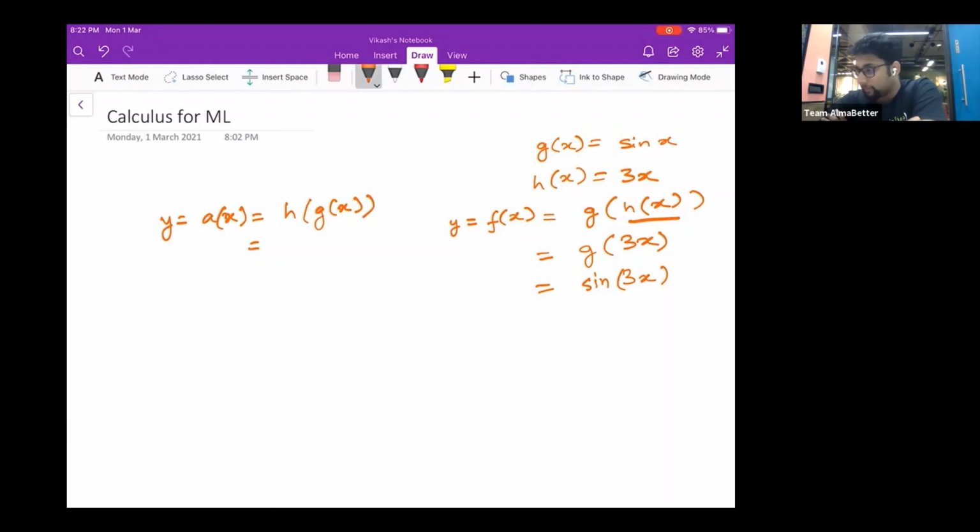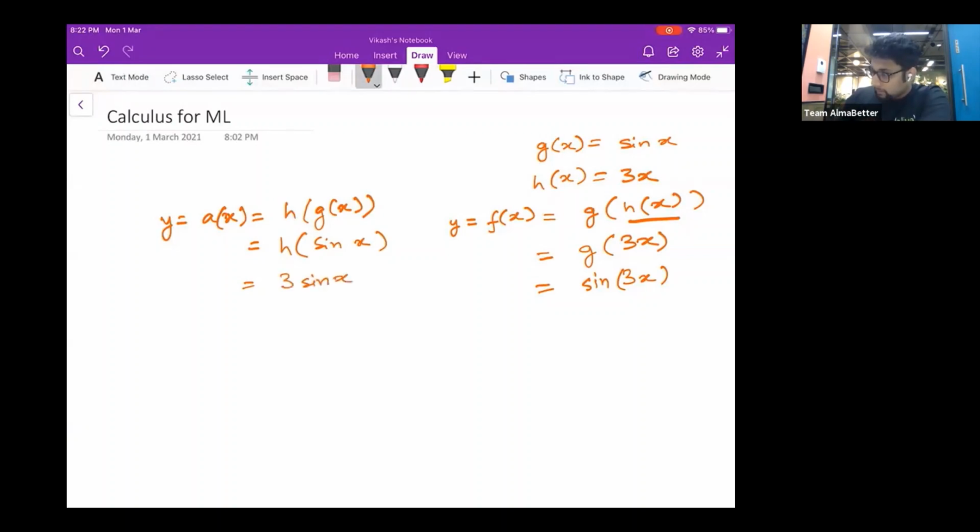What will be the function of x? So here h of g(x) is what? g(x) is sin x, and h(x) is what? 3x, right? h(x) is nothing but 3x, so it will be 3 sin x.